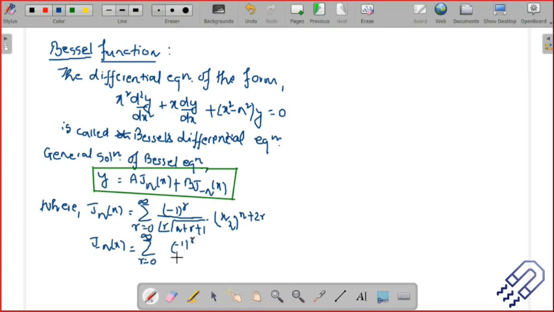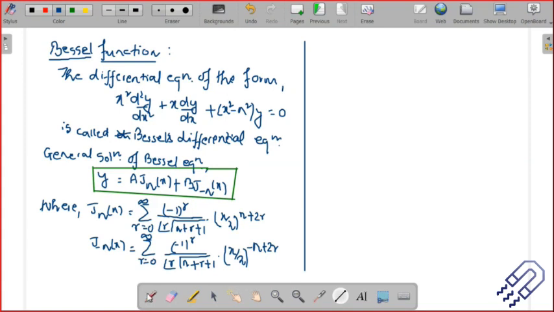Only in case of n we have minus n, so this is minus 1 to the power r, divided by factorial r, and then we have the gamma here, but you will eventually see that this remains as minus n, so this is n plus r plus 1, and this would be x divided by 2, and in case of n we have minus n here. So this is the form of Jn and J of minus n of x.